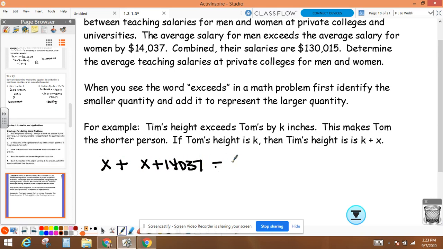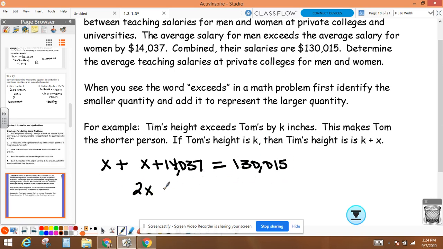And then if they add up together, you would get this. All right, so again, what I just said, if we call women X, then men exceed that. So they're the women plus this much. And then together, the women plus the men equals this. So now we have a simple little equation.